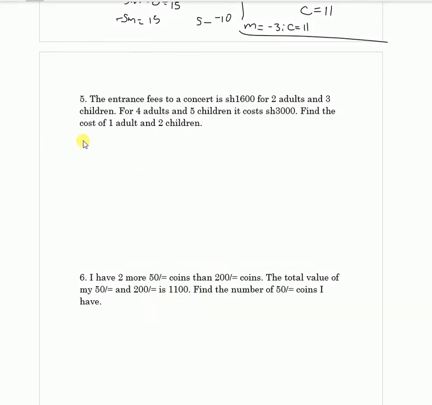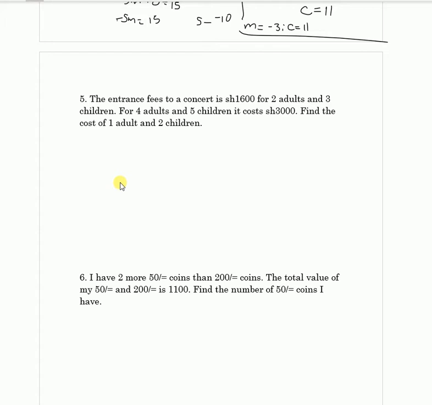Number 5 is saying that the entrance fee to a concert is 1,600 for 2 adults and 3 children.